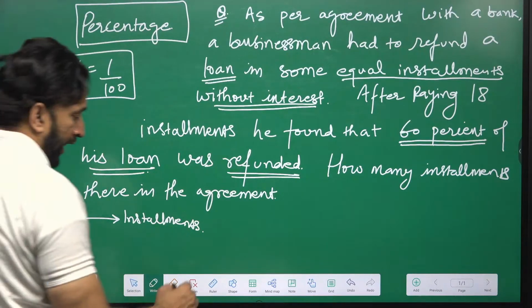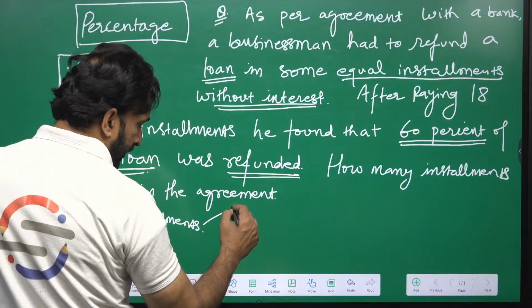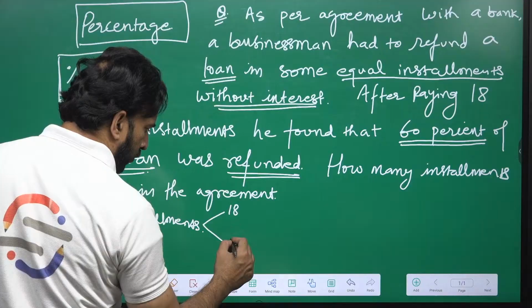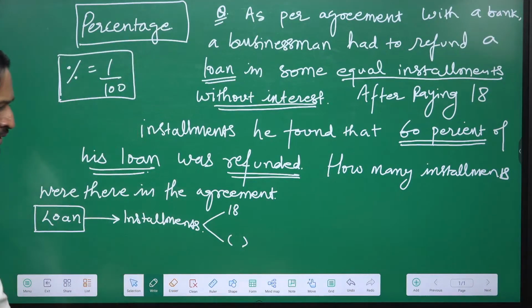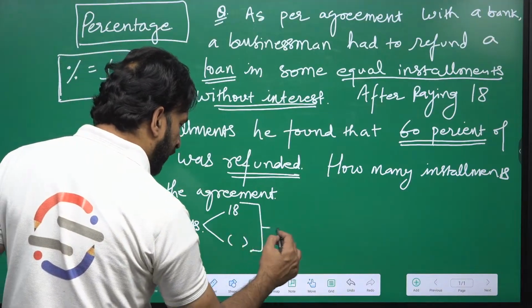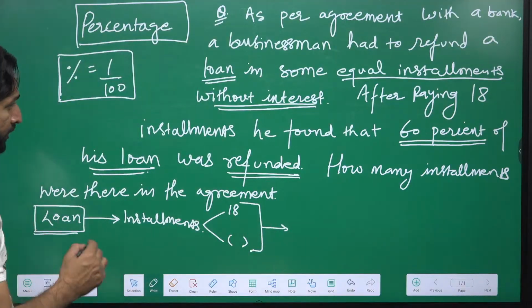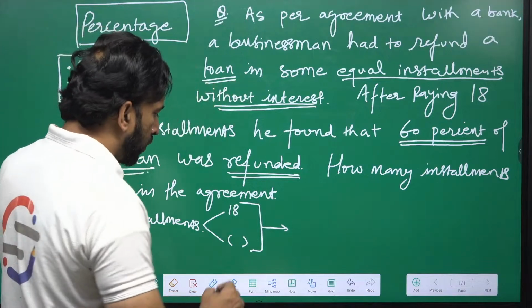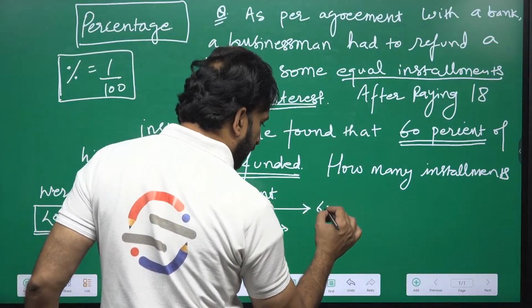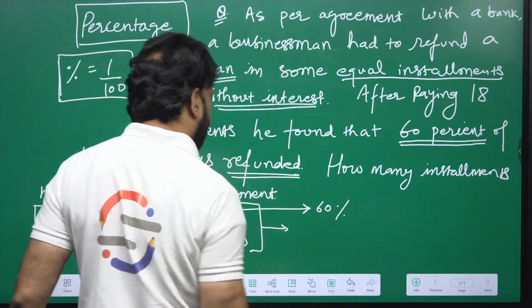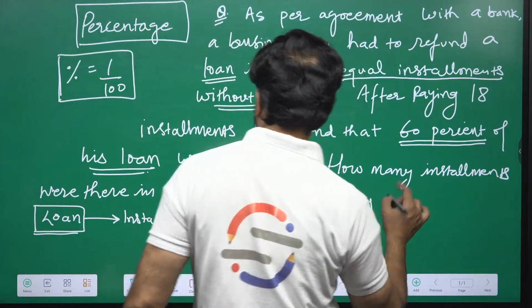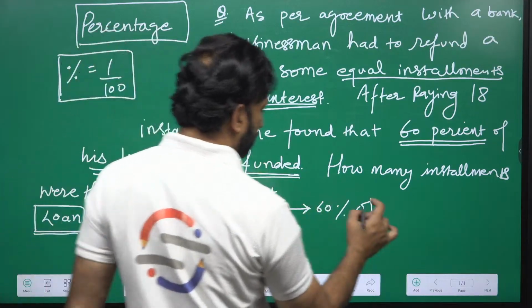We know that 18 installments are already paid, and we don't know how many more installments are required to complete the refund of the loan taken by the businessman. So we know that these 18 installments are equal to 60% of the loan.